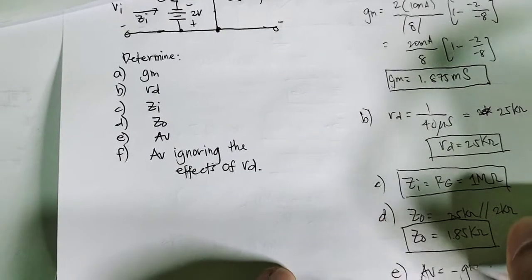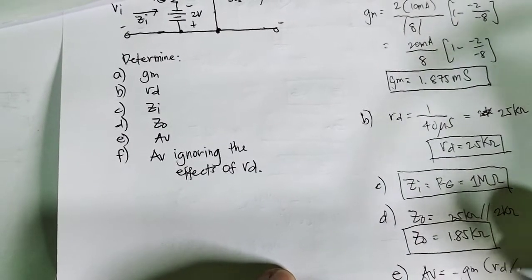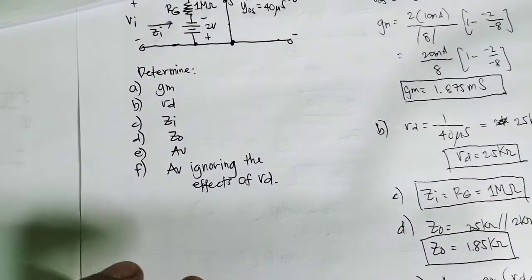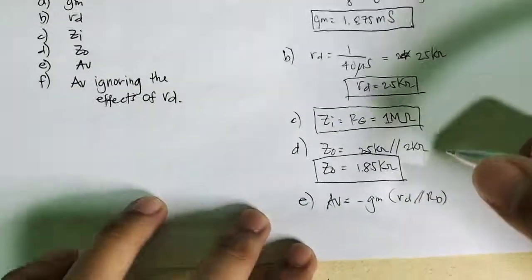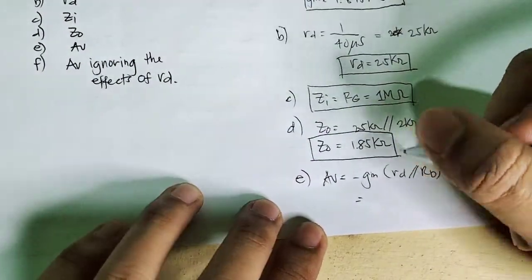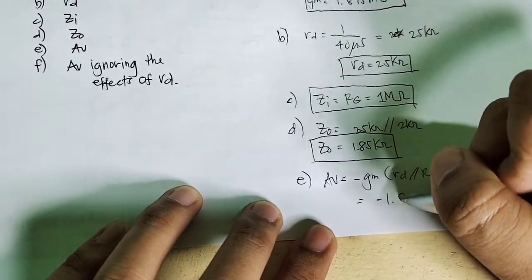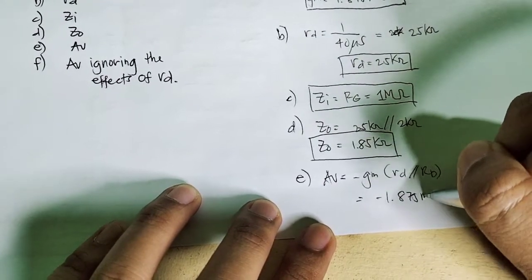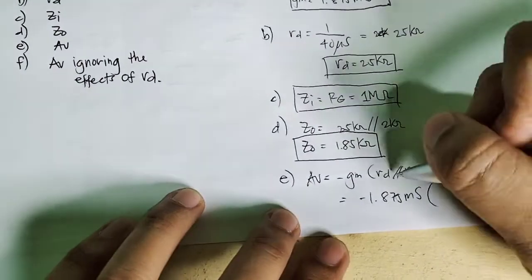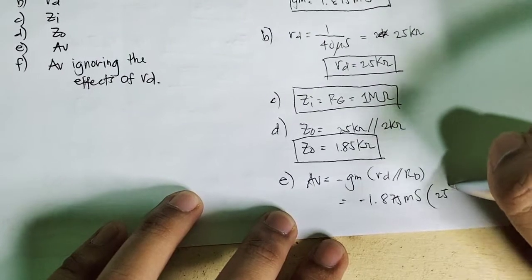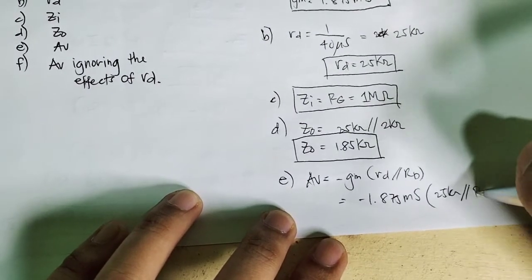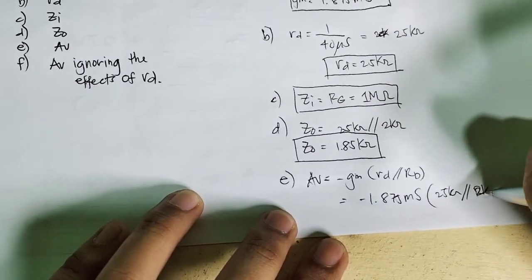And then the voltage gain is negative gm times the parallel of r_d and R_D. So the transconductance is negative 1.875 milli times 25k parallel with 2 kilo ohms.